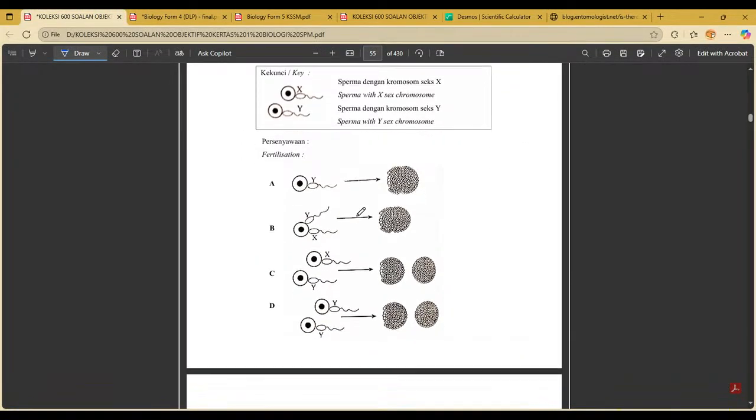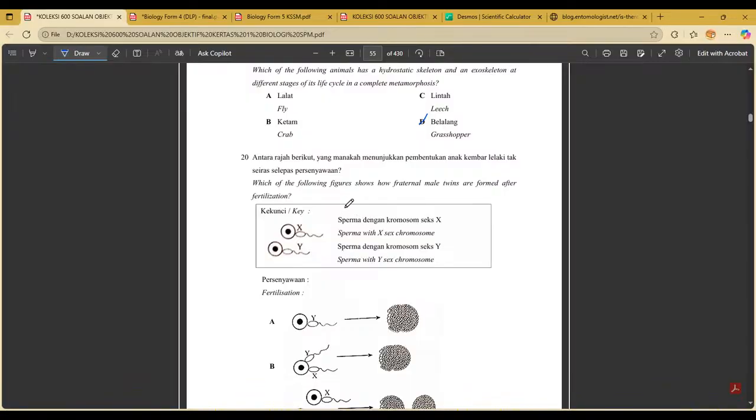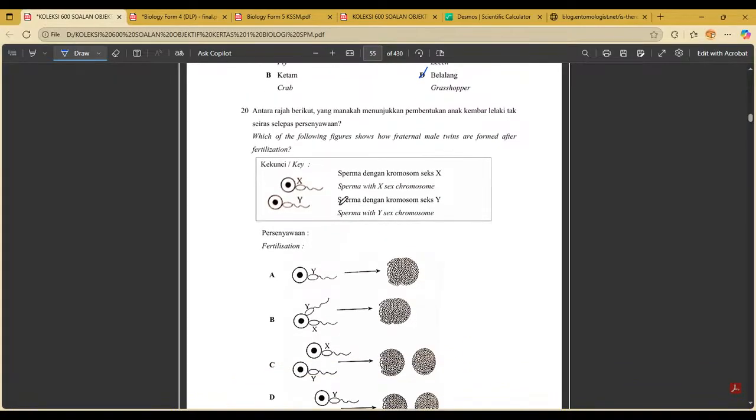Okay, anyway, which of the following shows how fraternal male twins are formed after fertilization? Fraternal male twins.